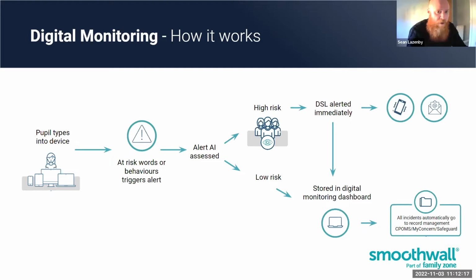The categories are all in line with the legislation, Keeping Children Safe in Education. So everything from self-harm to vulnerable people to extremism and terrorism and things like that. So from an Ofsted perspective, you are really having the most robust safeguarding procedures you can get on the market essentially.